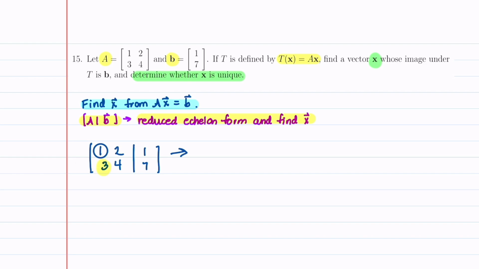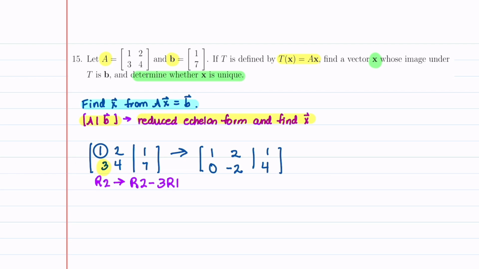To do this, we're going to take row 2, and we're going to replace it with row 2 minus 3 times row 1. Our row 1 is going to stay the same, and then our row 2 is going to become a 0. We pick up a minus 6 plus 4 gives us a minus 2, and then we pick up a minus 3 plus 7, which gives us a 4.